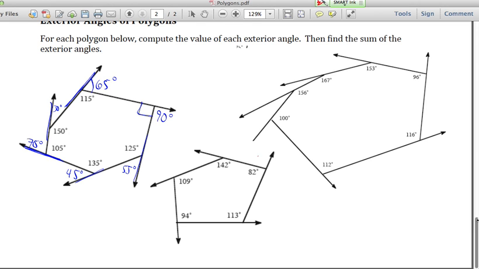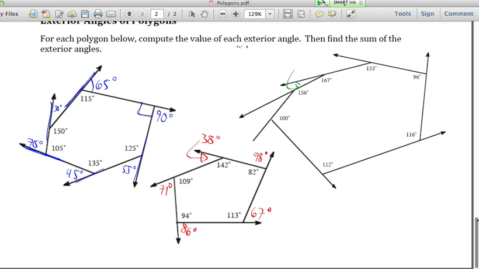Moving on to the pentagon in the middle. Again, I'll just find these exterior angles. Go ahead and work ahead of me. And the last one over here, 67. I'll do it one more time over here with my heptagon, 1, 2, 3, 4, 5, 6, 7.